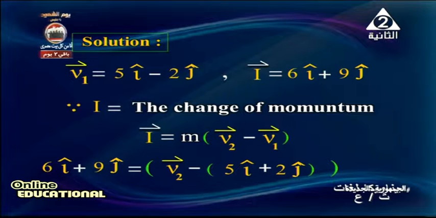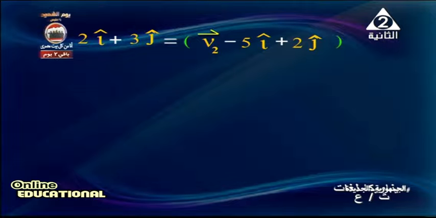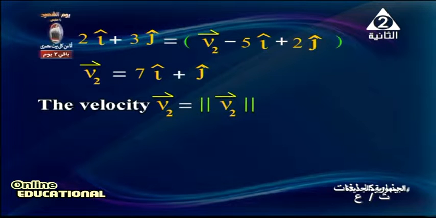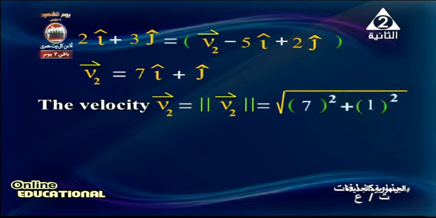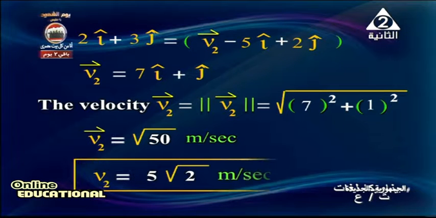Then divide by 3: the left hand side 2i + 3j equals the right hand side v2 − 5i + 2j. Then the vector v2 equals 7i + j. Now what is the magnitude of the velocity? The magnitude of v2 equals the norm of v2, the square root of 7² + 1², which equals root 50, so v2 equals 5 root 2 meters per second.